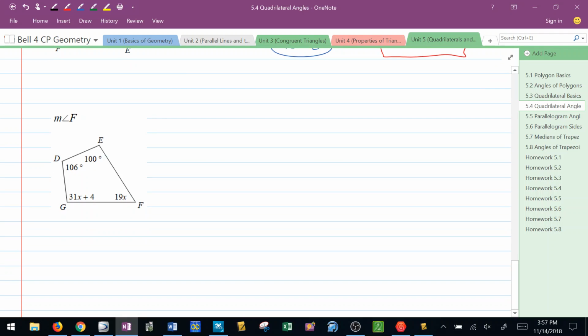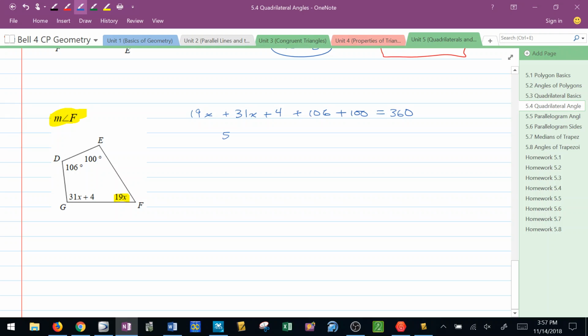Again, stop the video, try to do this by yourself. Okay, they want us to find the measurement of angle F. I know F in this case is 19x. Set up the equation, 19x plus 31x plus 4 plus 106 plus 100, and the four angles have to add up to 360.